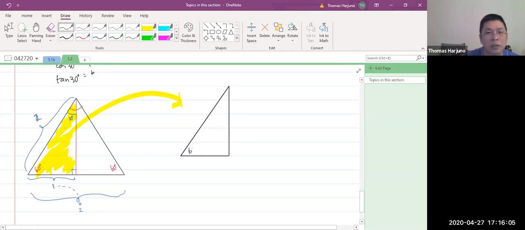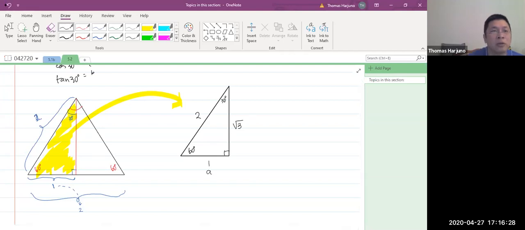If this is 60 degrees and 30 degrees, this is 1, this is twice of that, then by the Pythagorean theorem, you will see this is radical 3. Now think of this as the ratio. If this side is A, then this side must be 2A, and this side must be A radical 3.